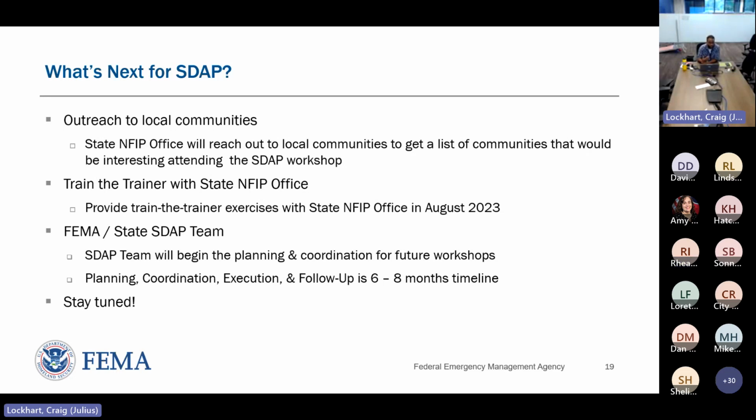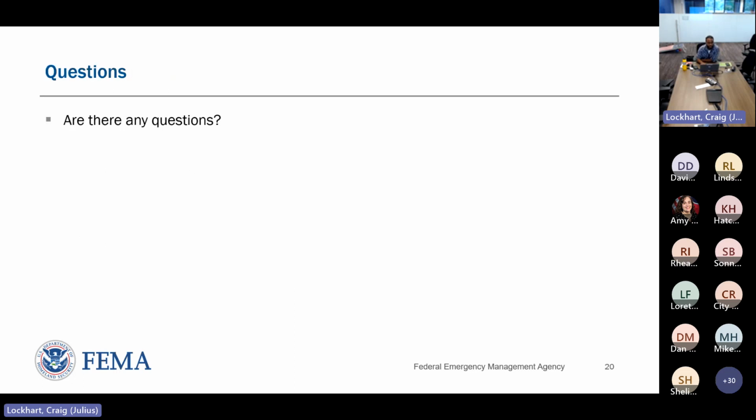We saw what happened in Waverly in 2011. We saw what happened in Nashville and the surrounding areas back in 2010. So we've seen these events happen quite more frequently now. So we want to make sure that you guys are ready, so when something does happen, you're more resilient to bounce back a lot faster versus trying to figure out what to do now that the event has happened. Now, are there any questions?